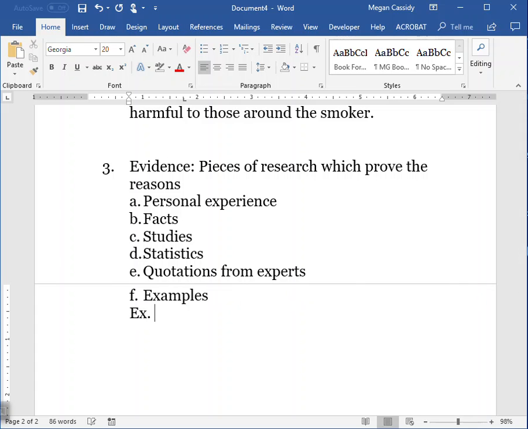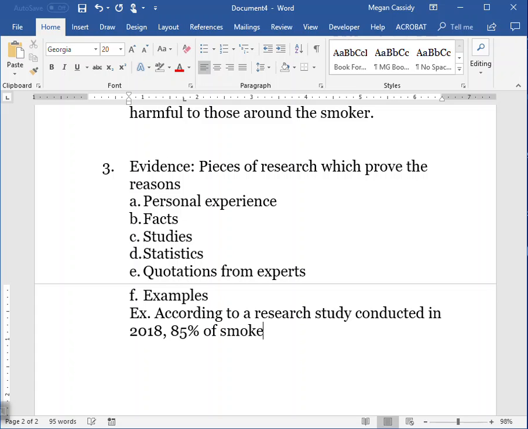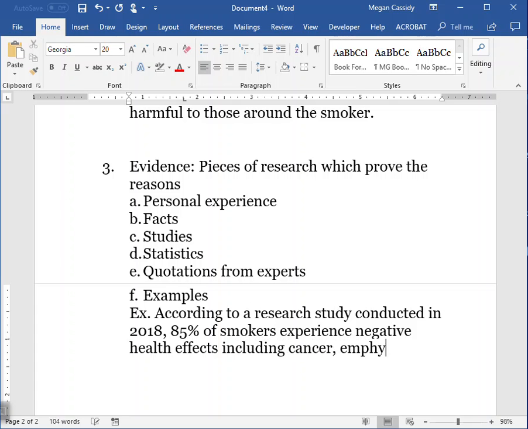as their evidence, according to a research study conducted in 2018, 85% of smokers experience negative health effects, including but not limited to cancer, emphysema, and asthma.